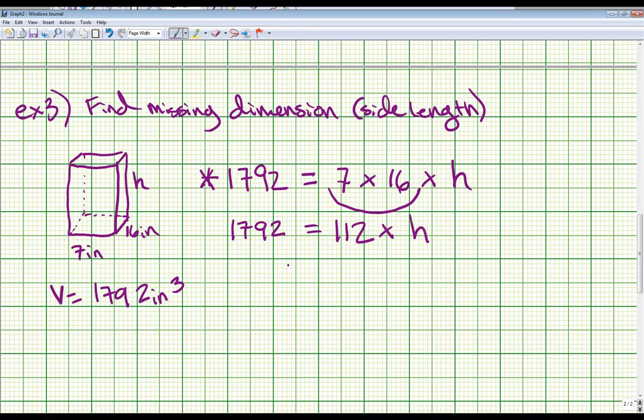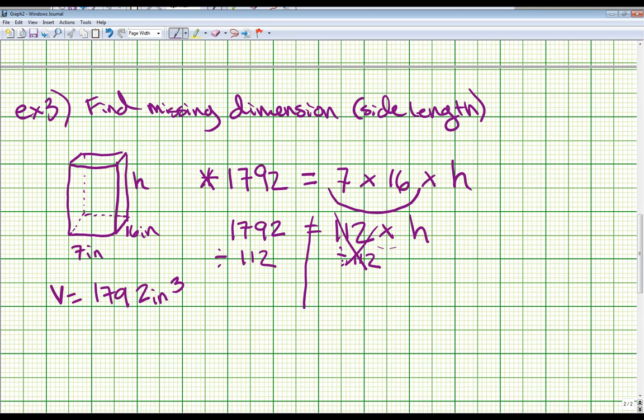So now I'm going to go back to chapter 7 where we draw a line down the middle and we're going to solve. Remember that if you see multiplication like this, to get rid of it, we are going to divide. So if we divide 112 by 112, we have to do the same thing over here.